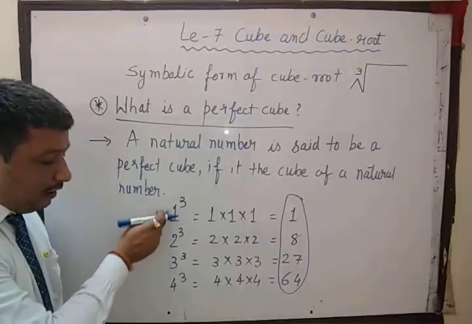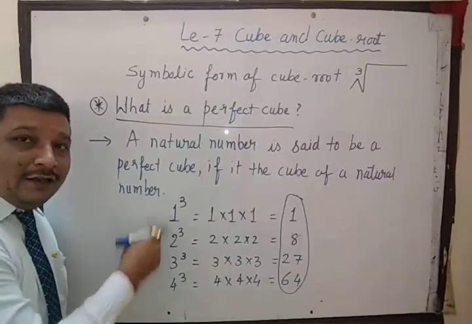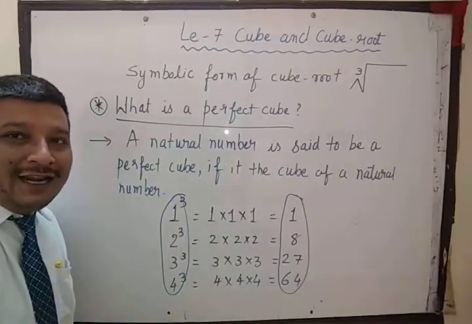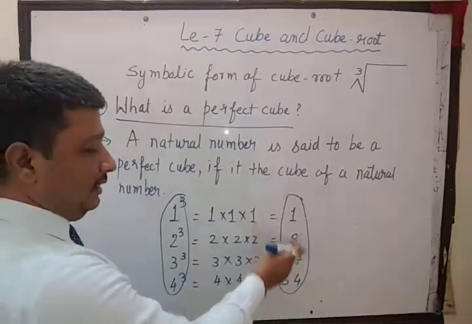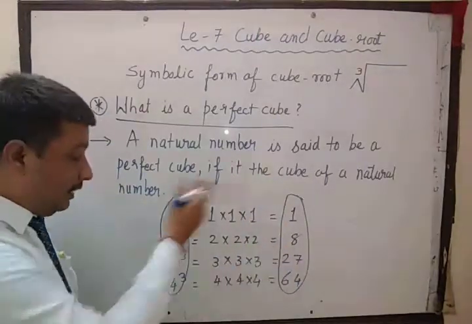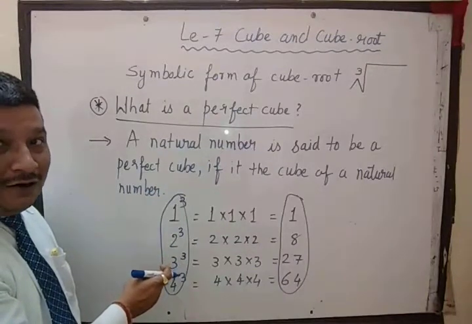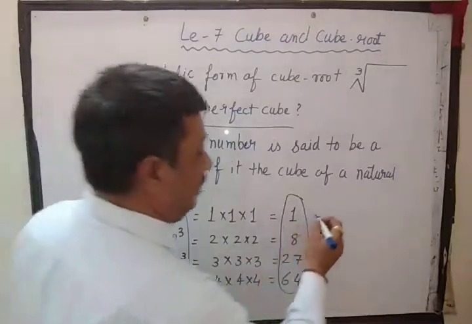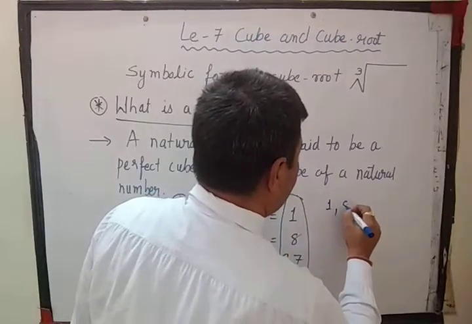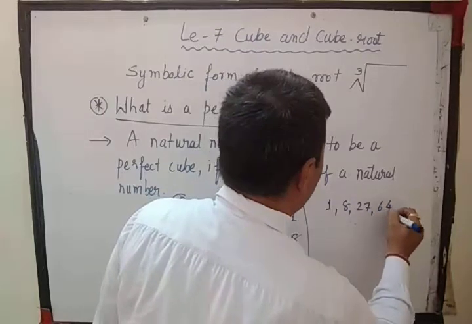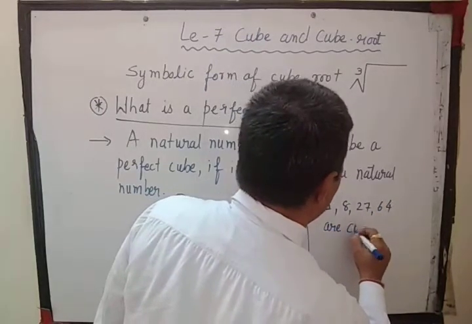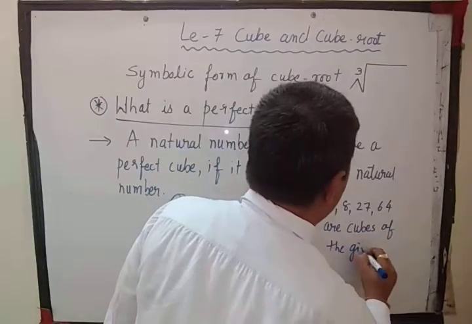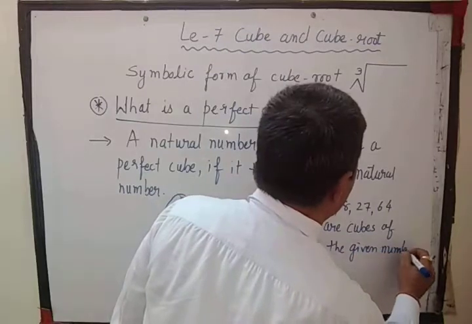Because the numbers which I have taken to make the cube are also natural numbers. This given natural number is said to be a perfect cube when those numbers are also natural. Concept clear? So here my cubes 1, 8, 27, 64 are cubes of the given numbers.